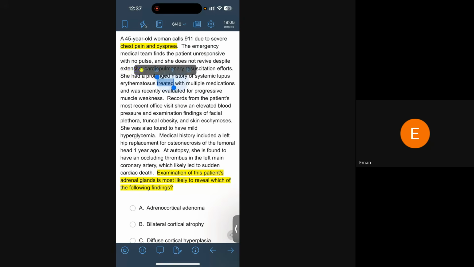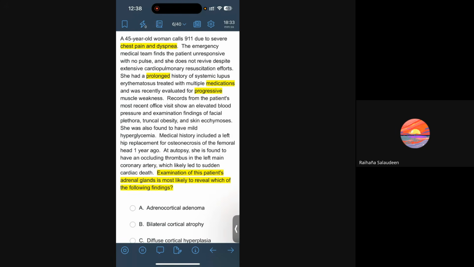Do you know what type of medication we usually use for SLE? Corticosteroids. Yes, right. And she was recently noted to have progressive muscle weakness as well. Muscle weakness is seen in increased steroids, at what level? Proximal muscle weakness.